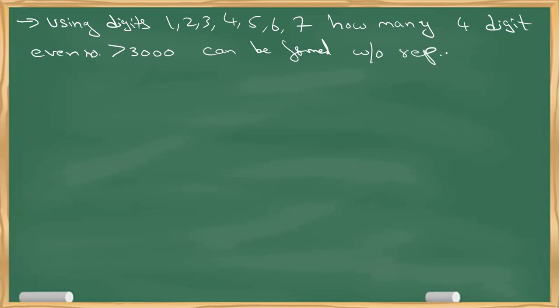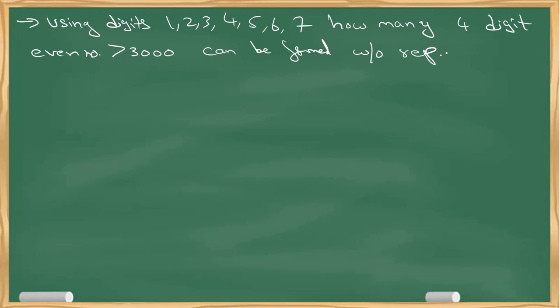Whatever previous questions were there, I've just clubbed them and I am asking you to answer this. So please pause this video and try by yourself. It's a challenging one.